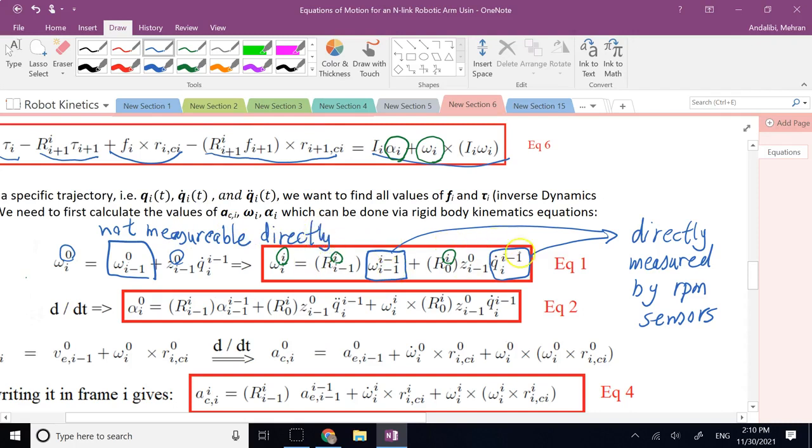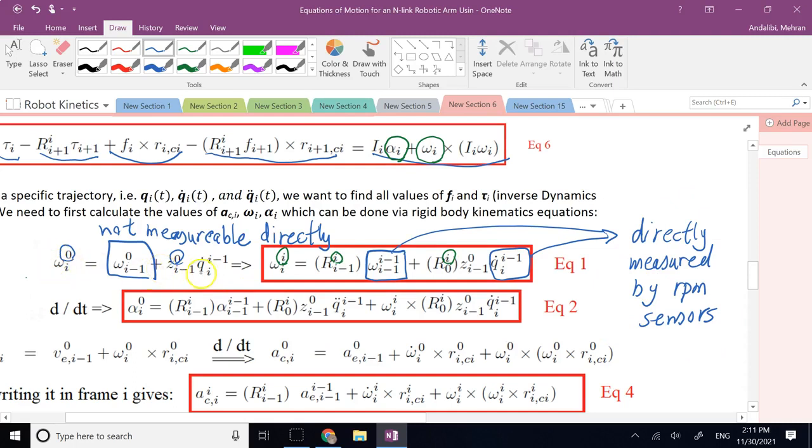So writing everything in frame I, the body attached frame, can facilitate our calculations and match our calculations to the physical measurements, not to something that you cannot measure. So that's what we do.